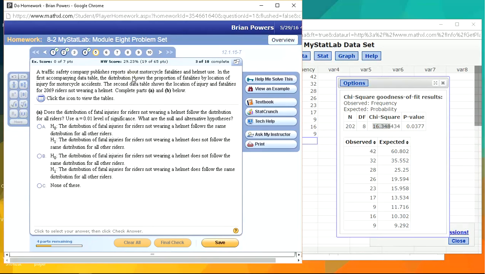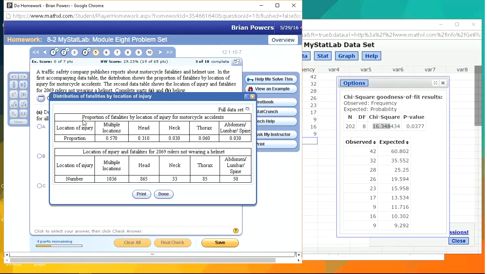Okay, let's see one more for this. A traffic safety company publishes reports about motorcycle fatalities and helmet use. The distribution shows the proportion of fatalities by location. The second data shows the location of injury and fatalities for 2,069 riders wearing a helmet.